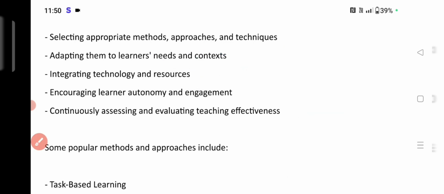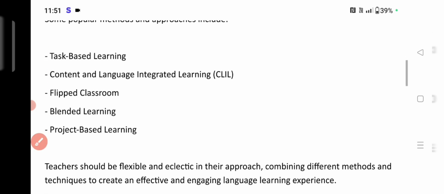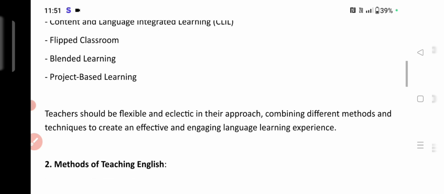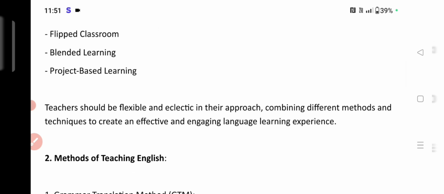Some popular methods and approaches: task-based learning, content and language integrated learning, flipped classroom, blended learning, and project-based learning. So teachers should be flexible and eclectic in their approach, combining different methods and techniques to create an effective and engaging language learning experience.